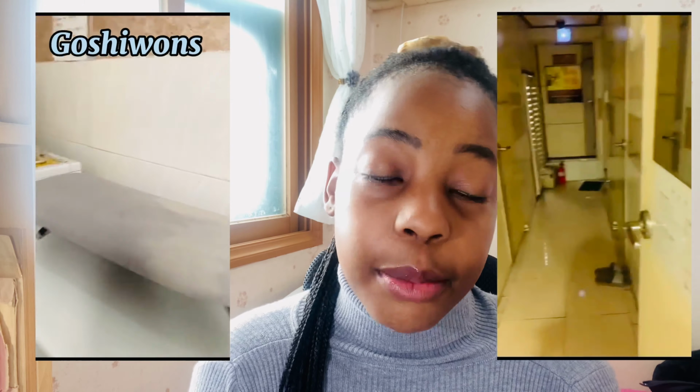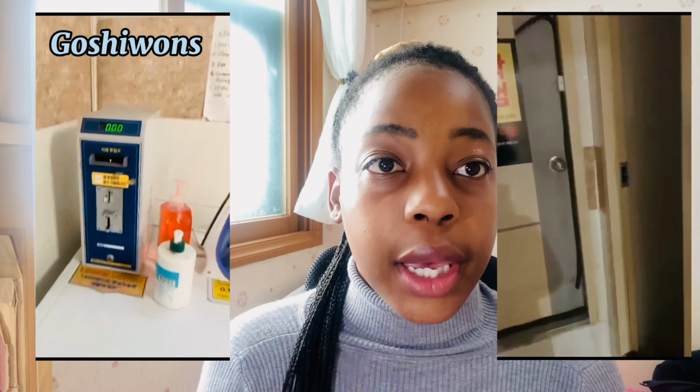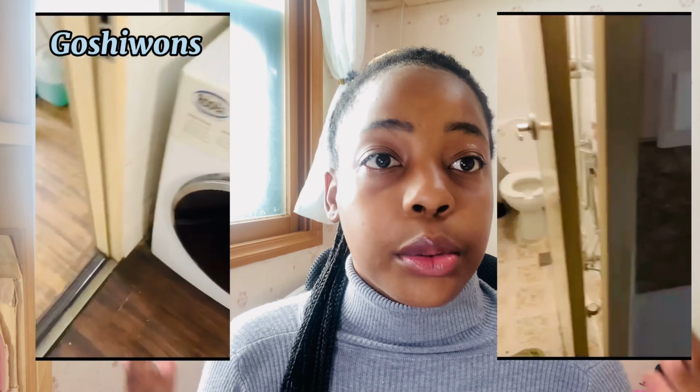And some have bathrooms, some don't. Some have toilets, some don't. So the price varies with what you have. If you have a bathroom and somebody doesn't, your price is more expensive. And if you have a bathroom and a restroom, your price is different from the other two, something like that.